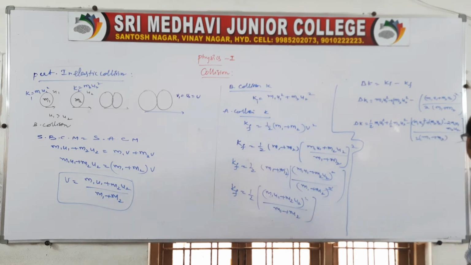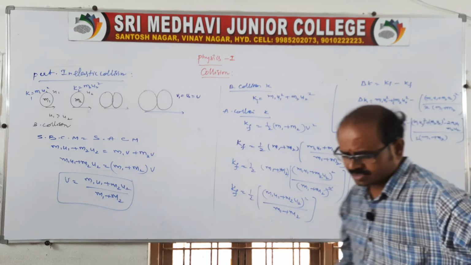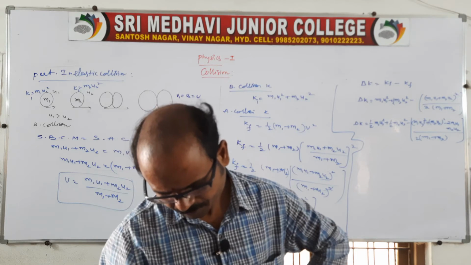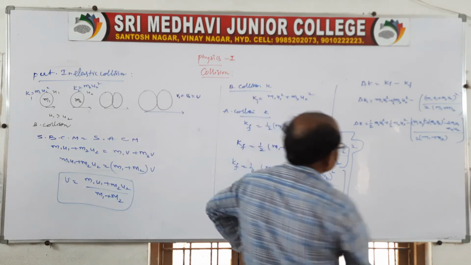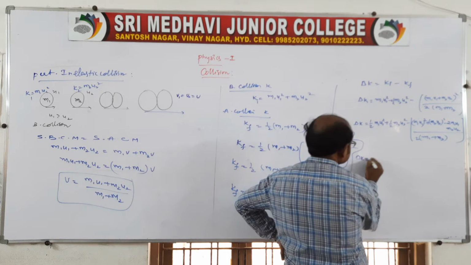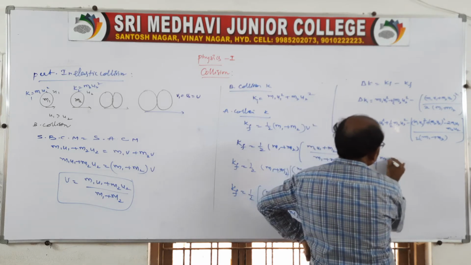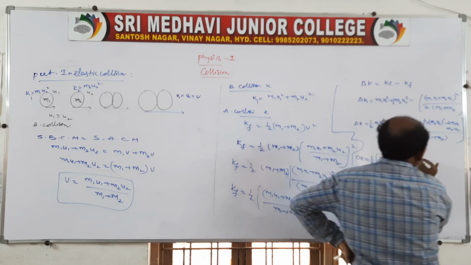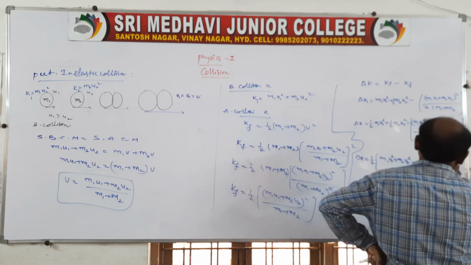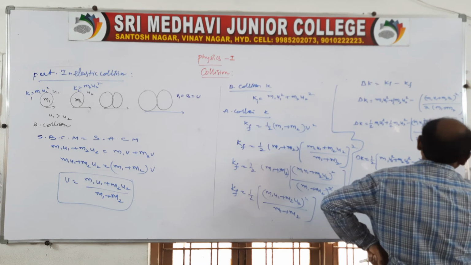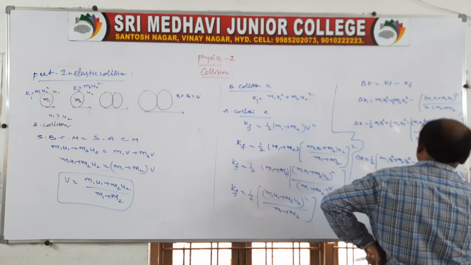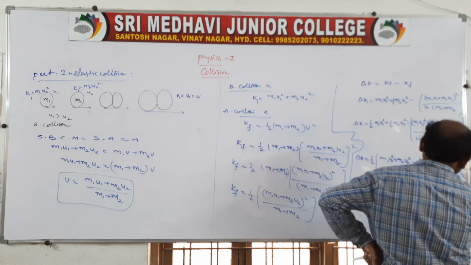Clear? Now taking 1 by 2 common, we simplify it further over (m1 plus m2).